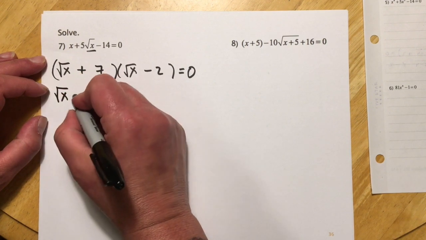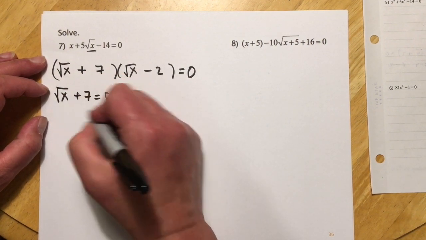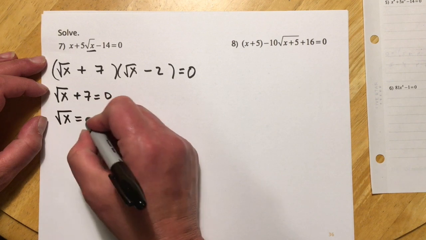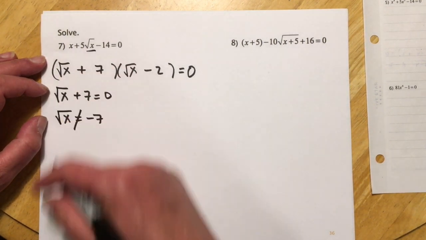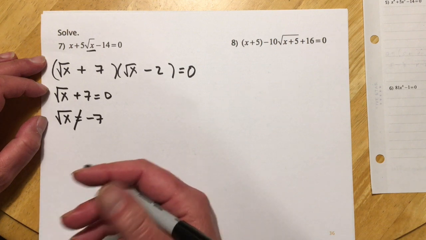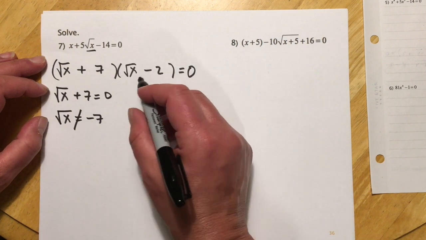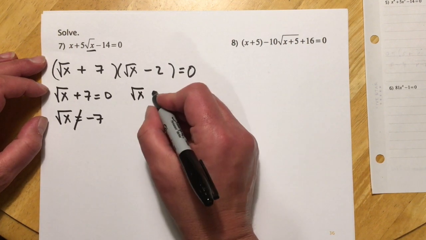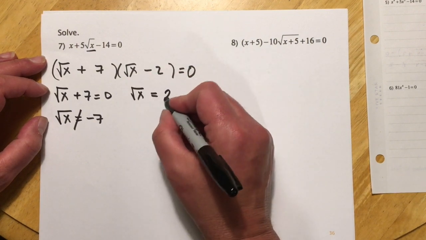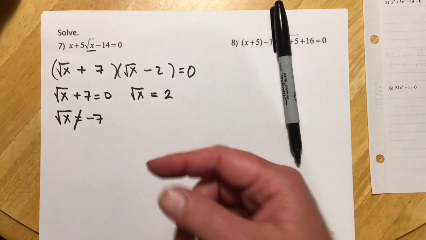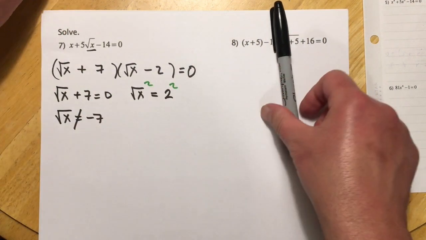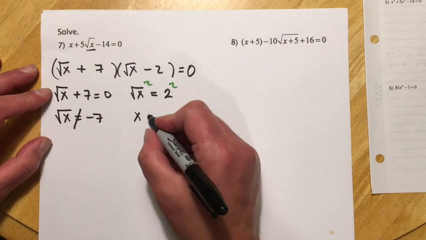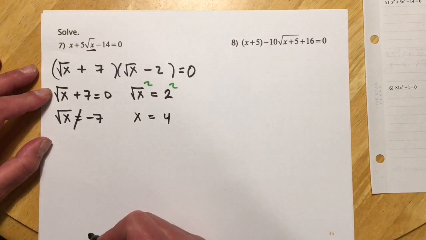But here, when I bring this over, I get root x equals negative 7. And remember, a root can never equal a negative number. So that piece doesn't produce a solution. Here, I get root x would equal, bringing it over, 2. And now I'm going to square both sides, because I have to undo the root. So the reverse of what we just did. And I get x equals 4.